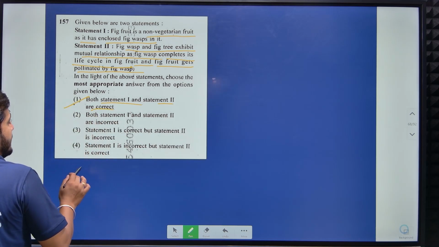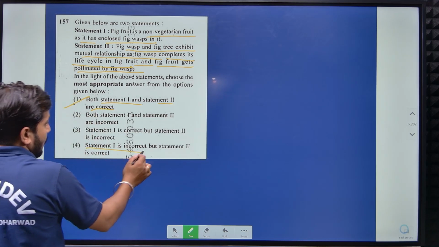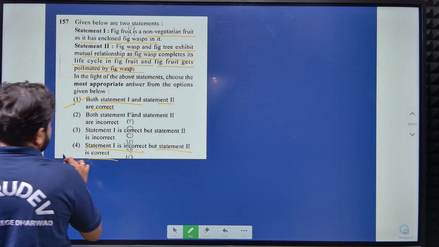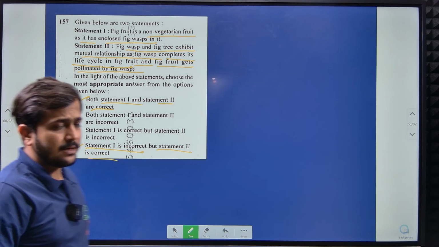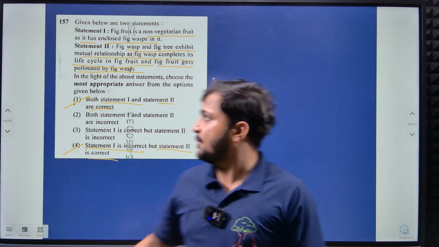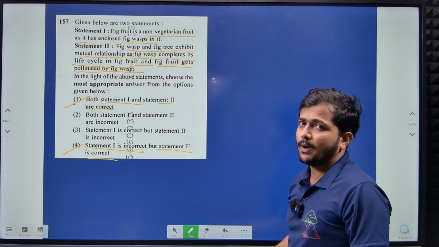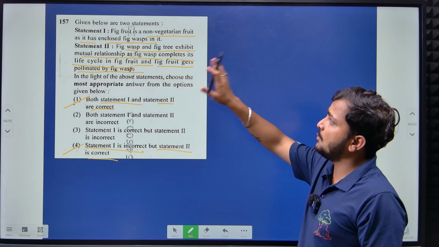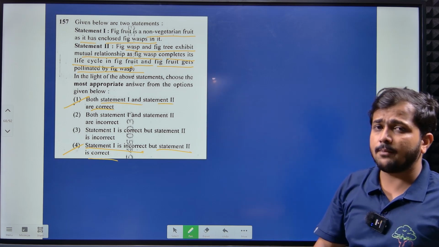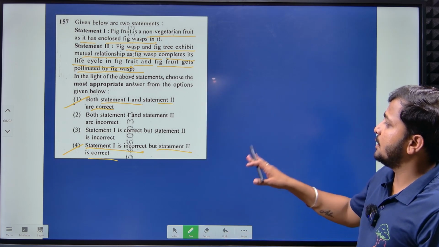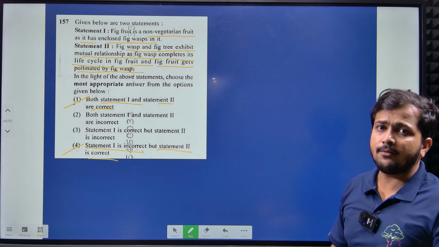Again one more option can be seen here, that statement 1 is incorrect and statement 2 is correct. Why is it being too complicated here? Because some of the species of fig are even vegetarian, but here they are mentioning non-vegetarian. Some of them are even non-vegetarian. So here the answer can be 1 and 4.